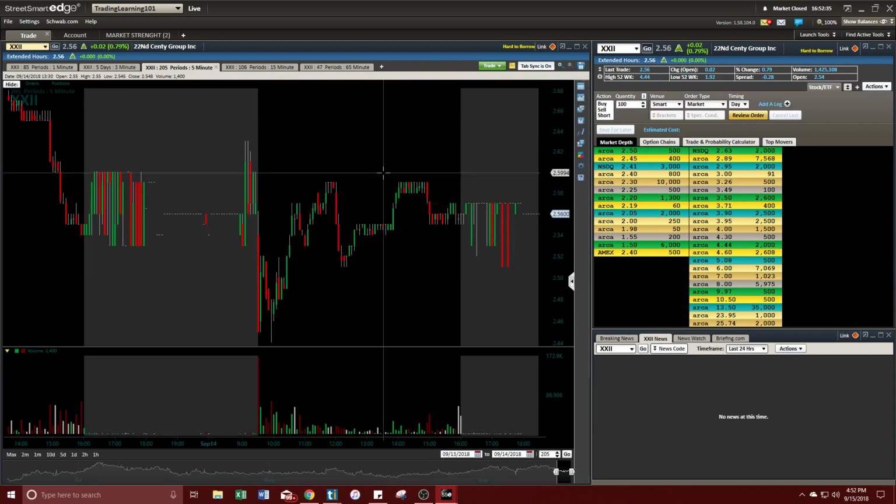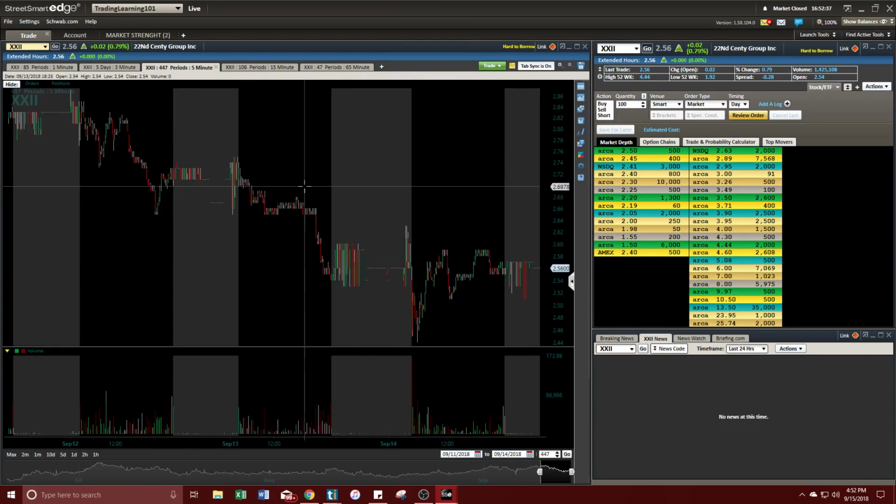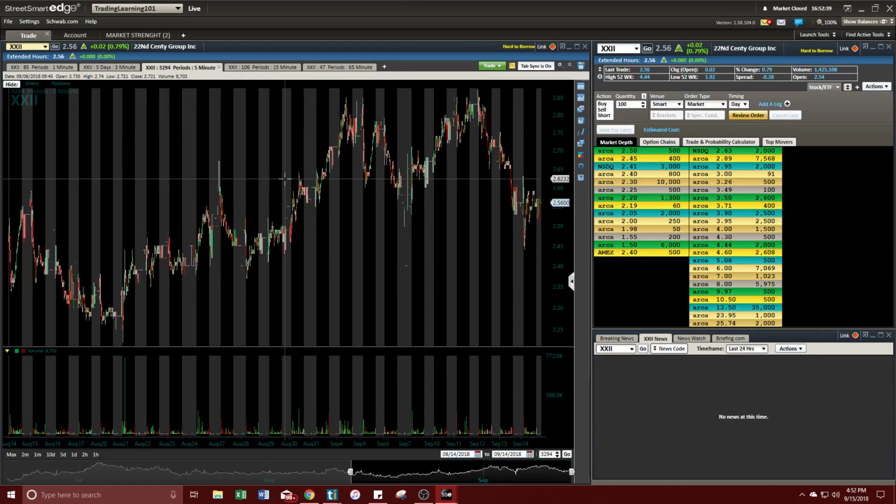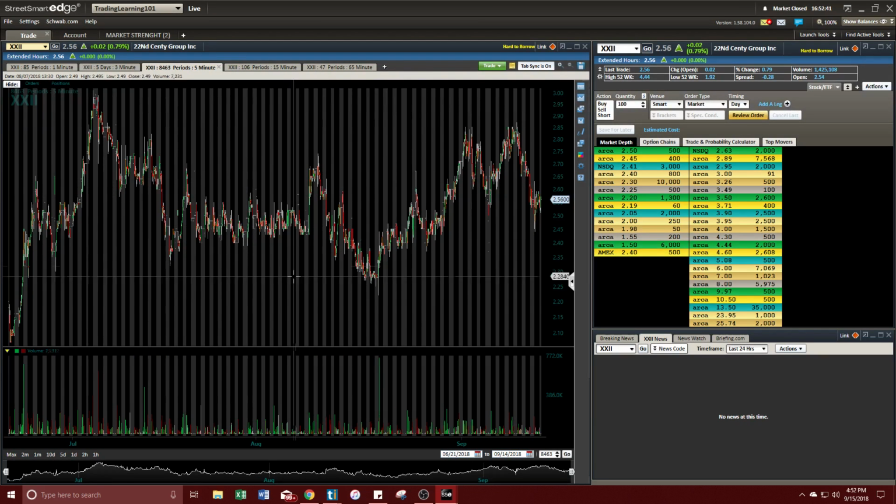Switch over to the 5-minute. See, and look at that. You can clearly see this range right here. This area was a resistance for this stock.